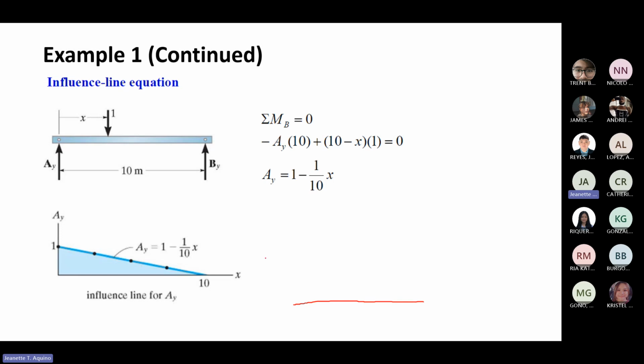Establish the direction of the reaction at B. We will take the influence line at B, so it will be like this, and then B will be free to rotate, then fixed at A. Okay, so we need to rotate, and then this height is 1.